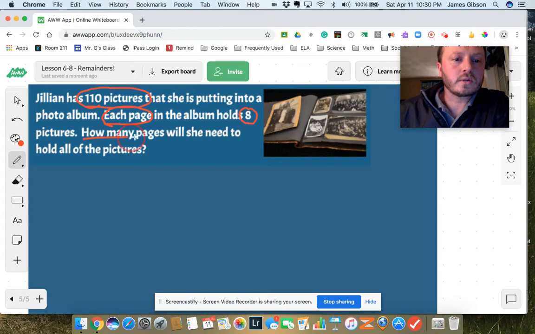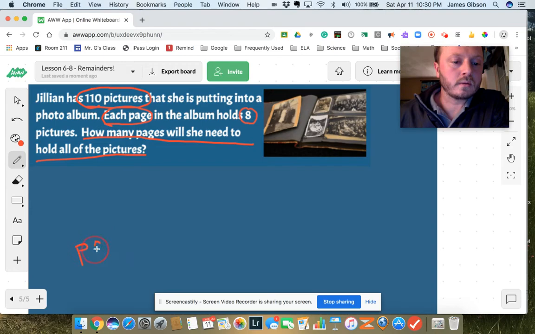And then the question is, how many pages will she need to hold all the pictures? So our answer is how many pages. So we're going to think about pages here. Okay. So our question, 110 divided by 8.